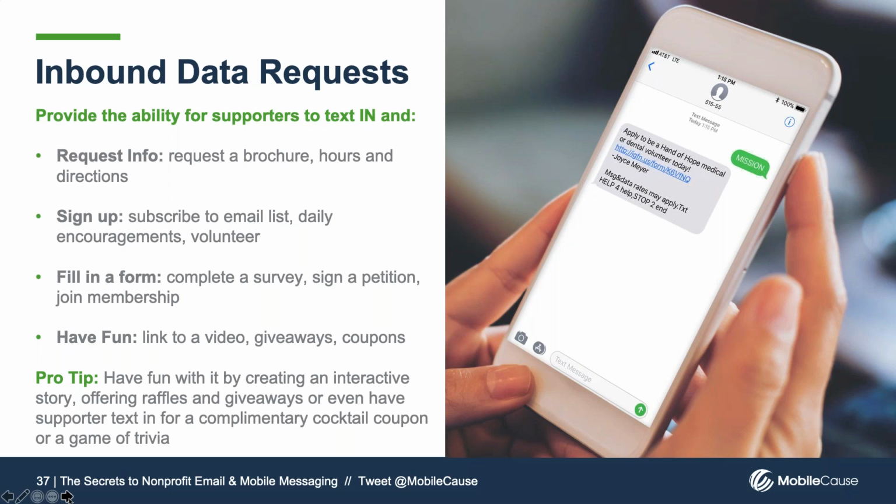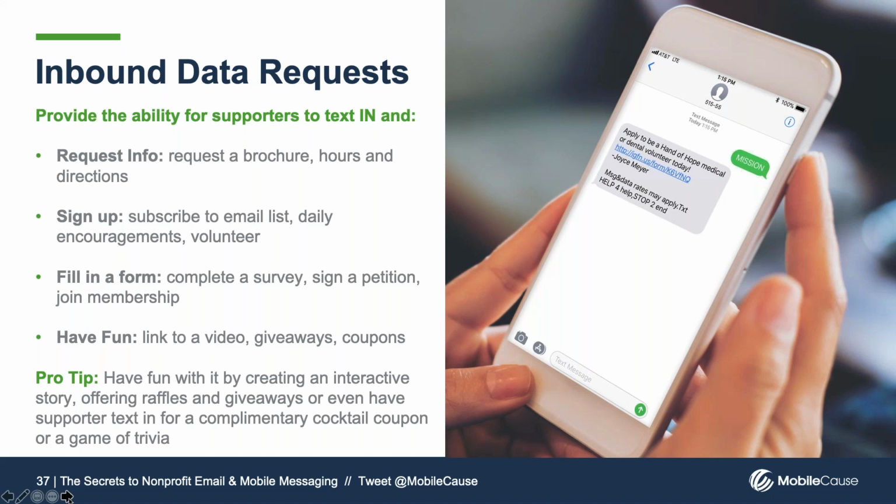Another great way you can use text messages is for inbound data requests. So this is where you allow your supporters to text in. So they'll have a keyword where they can text in to do things like request info. So they can request a brochure, which you can send to them as a link. They can request your hours, directions, any information that's particular to an event, volunteer information, or visiting your facility.